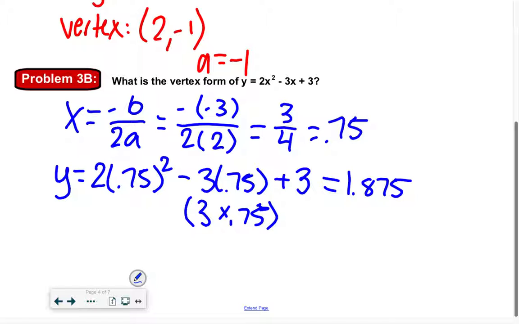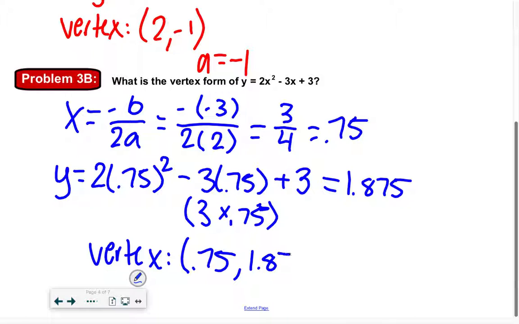So that x and y tells me what? My vertex. So my vertex is the point (0.75, 1.875). Only other thing I need is my a.